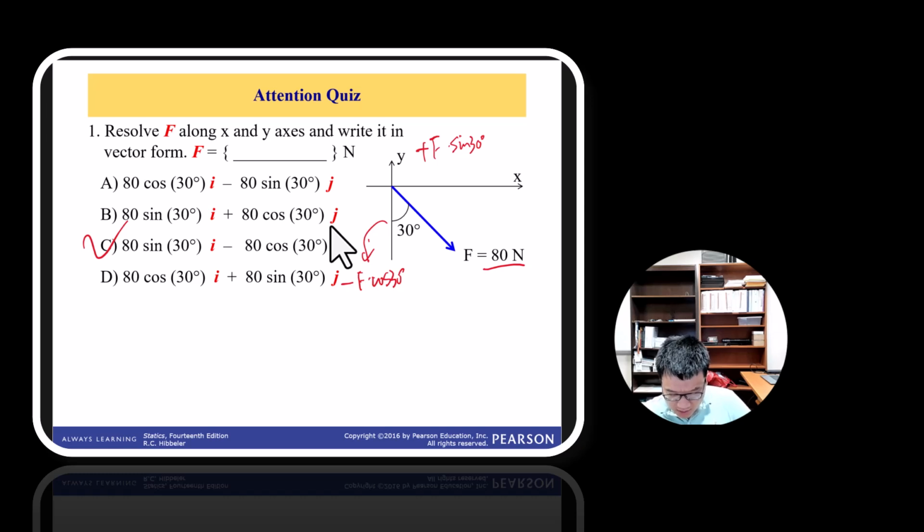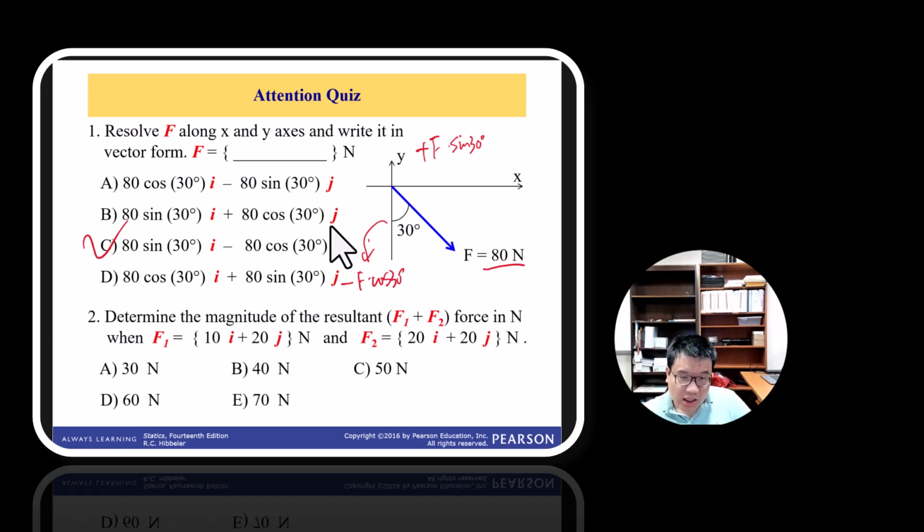And the next one: determine the magnitude of the resultant F1 plus F2 force in Newton, when F1 equals 10i plus 20j Newton and F2 equals 20i plus 20j Newton.